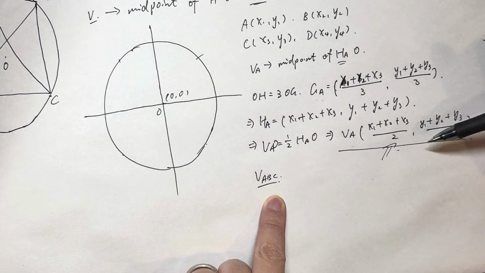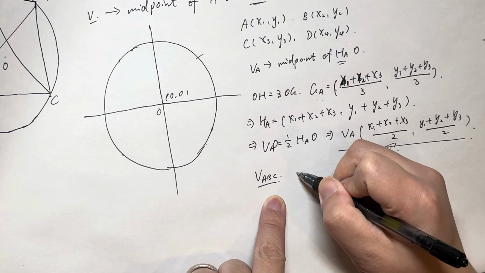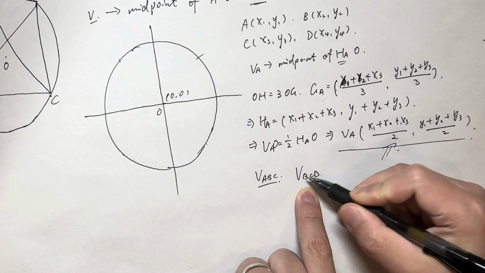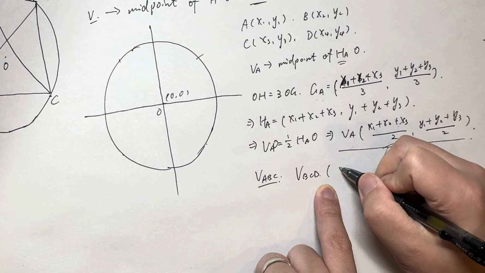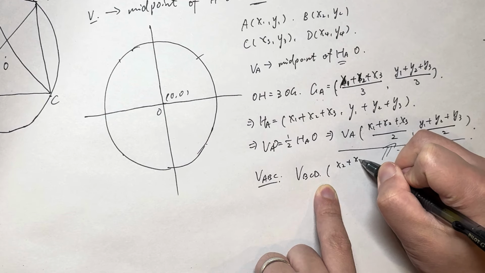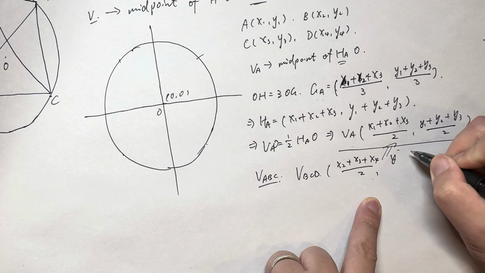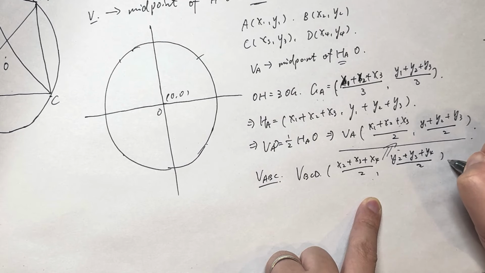Similarly, for the triangle BCD, VBCD would be (x2 plus x3 plus x4) divided by 2, and (y2 plus y3 plus y4) divided by 2.